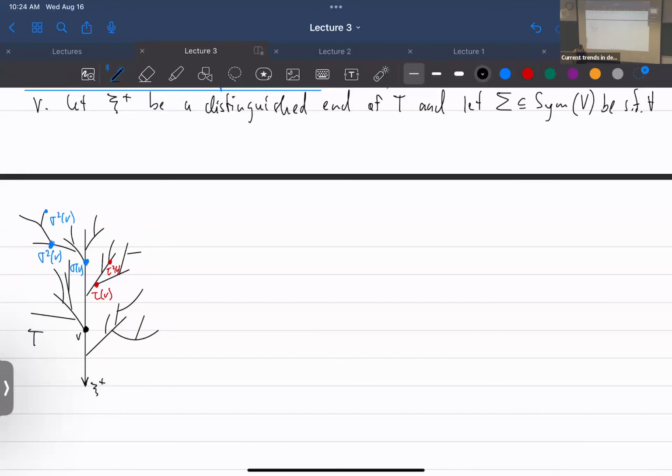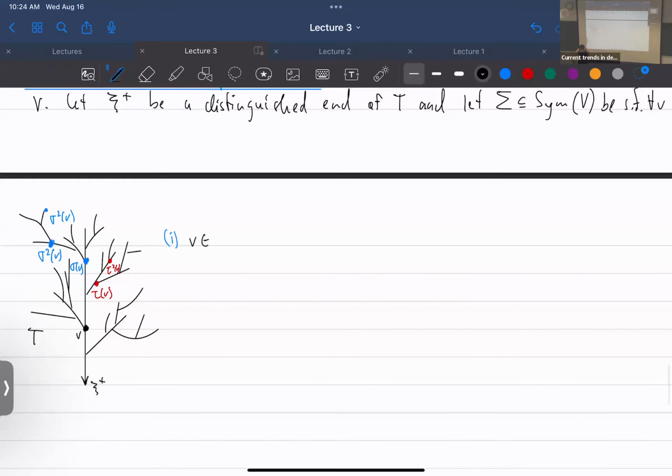For all V, condition 1 is that every permutation sigma maps V to behind V. So V belongs to the geodesic from sigma V to the distinguished end, for all sigma in the set.